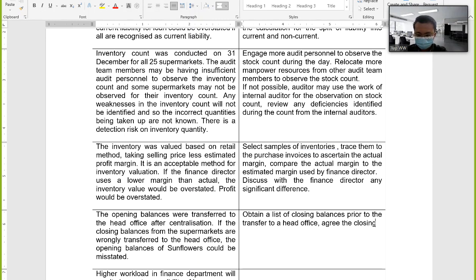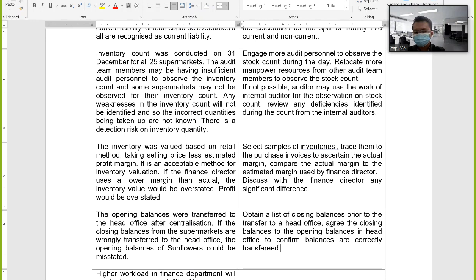Agree the closing balances to the opening balances in head office, to confirm balances are correctly transferred.